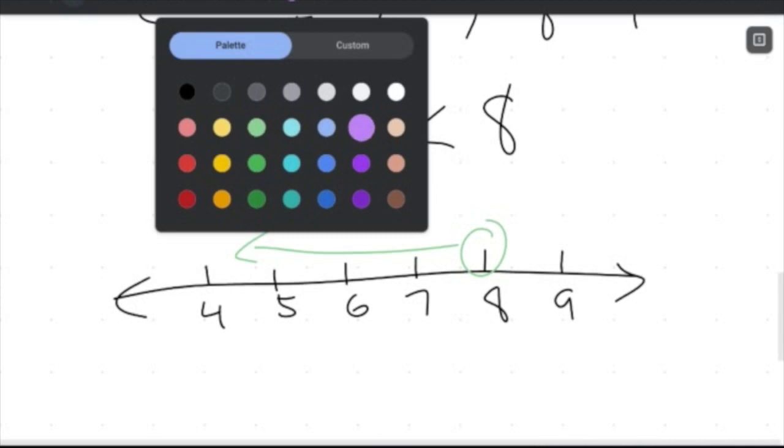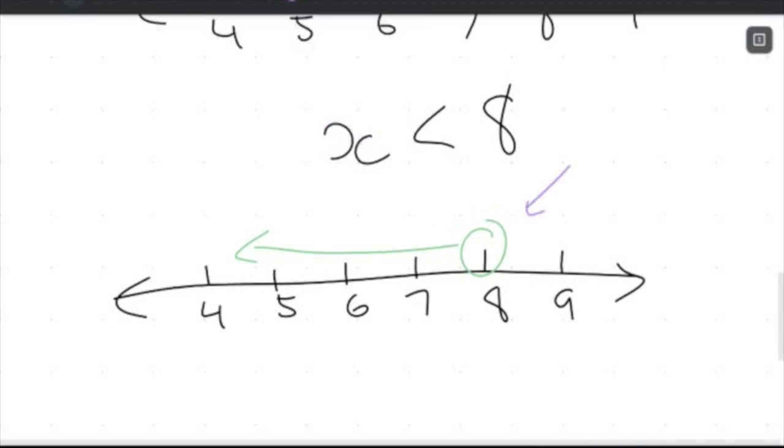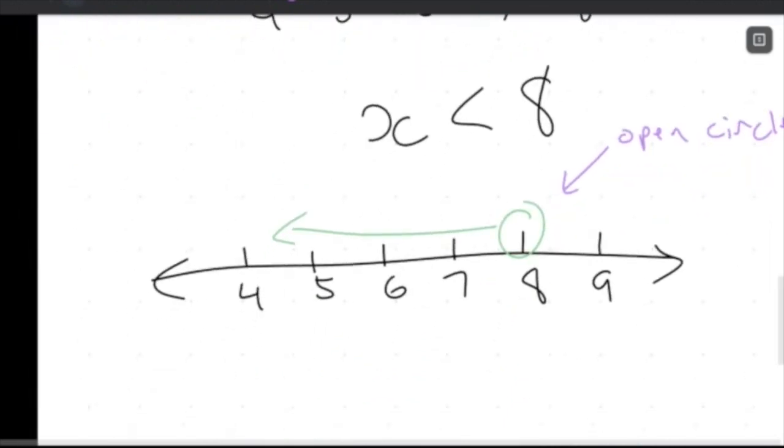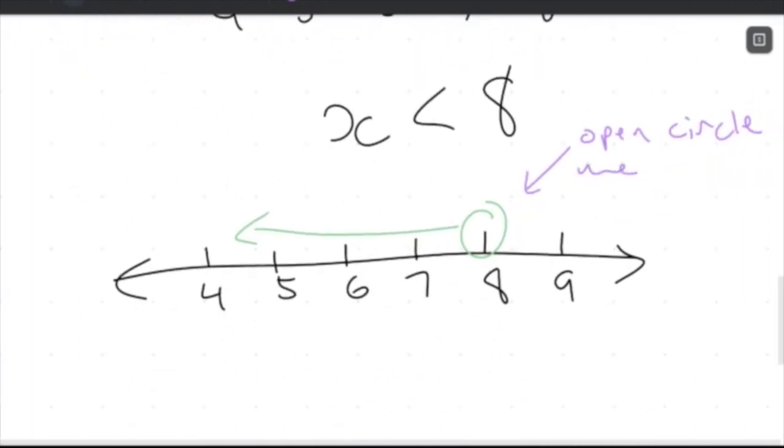I'll make a little note of this. The open circle means that 8 is not included this time. So that is how we can define inequalities.